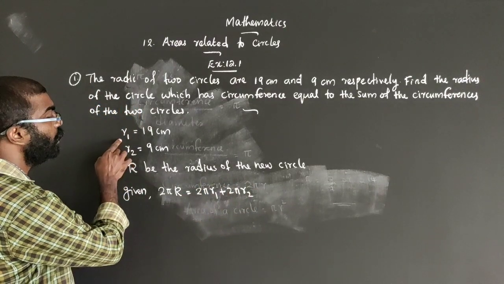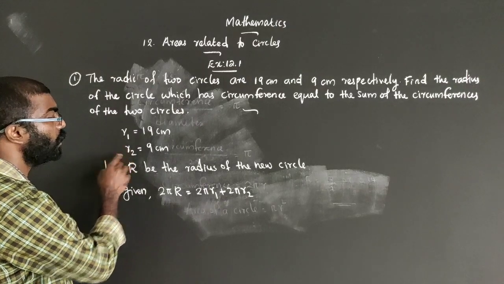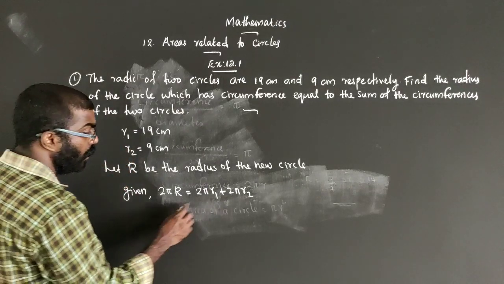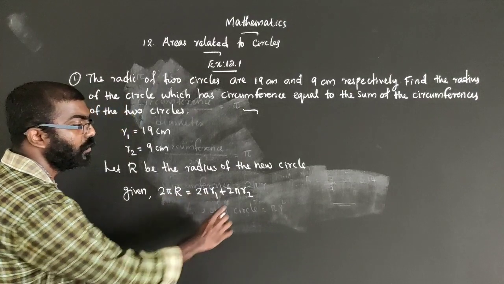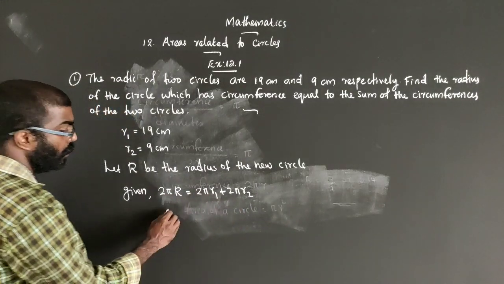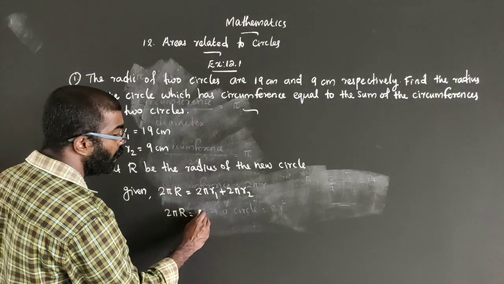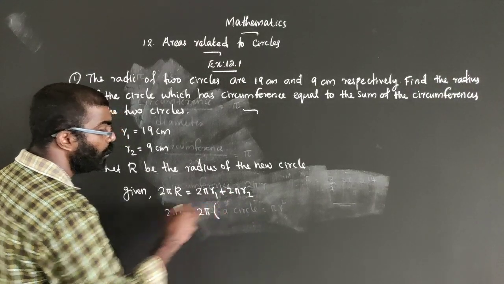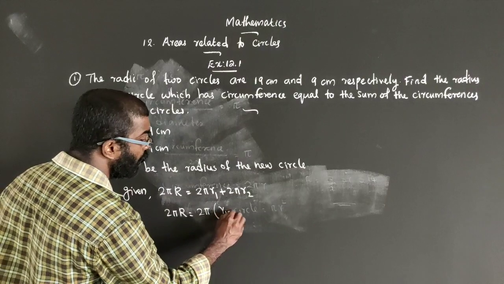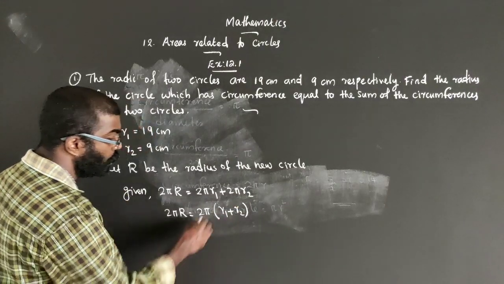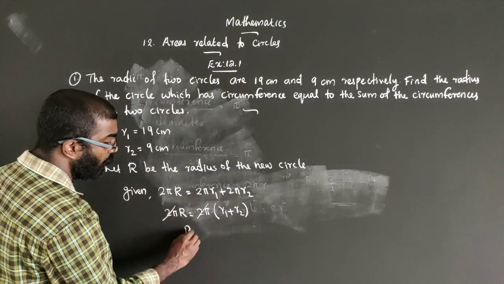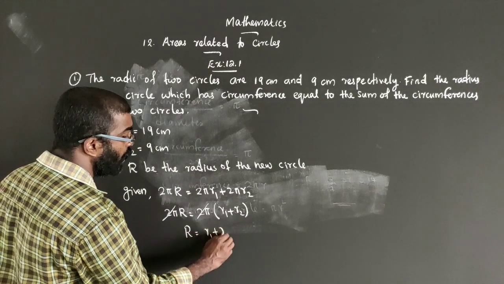The radii of the smaller circles we take as r1 and r2. So 2 pi R is equal to, from these two terms we can take 2 pi common. So 2 pi into r1 plus r2. Now 2 pi we can cancel. Therefore R is equal to r1 plus r2.